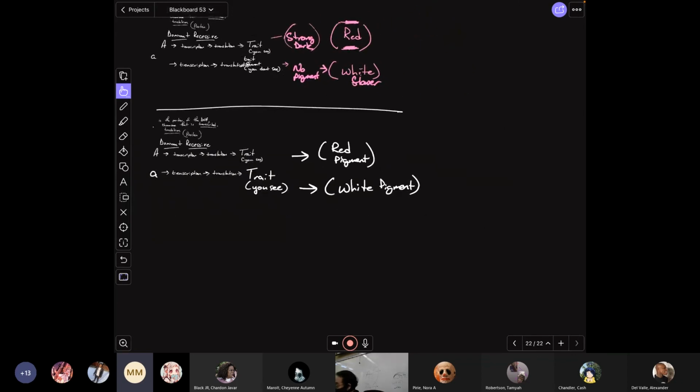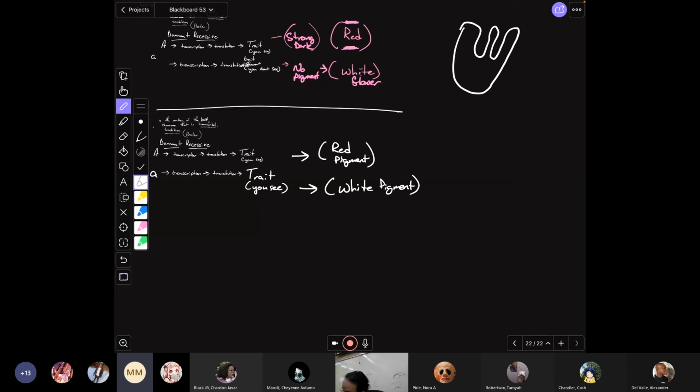What if you're producing a red pigment and a white pigment? What do you think the flower is going to be? Could it be like spotted? It could be, yeah. It could be spotted. What was the other option someone said? It could be pink. That's right. The flower could end up being pink.